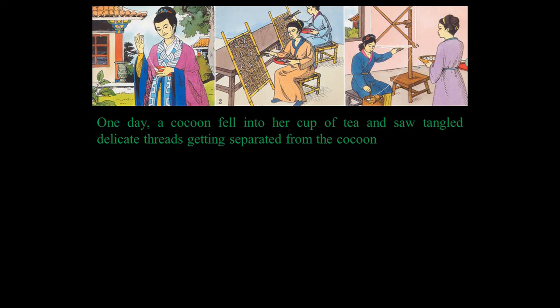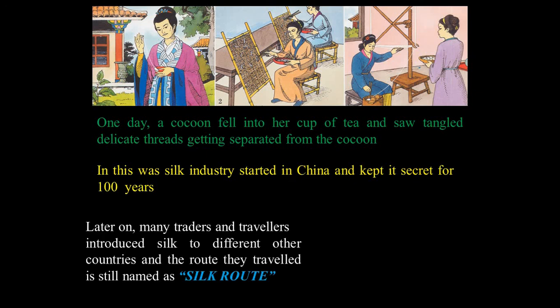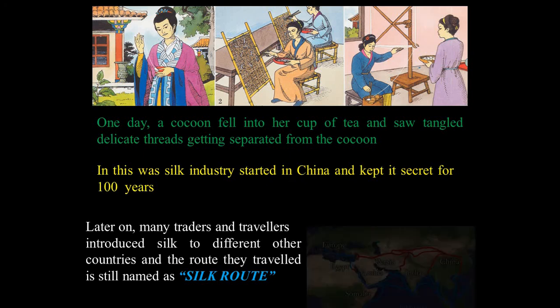One day, a cocoon fell accidentally into her cup of tea and she saw tangled delicate threads getting separated from the cocoon. In this way, the silk industry started in China and kept its secret for about 100 years. Later on, many traders and travelers introduced silk to other countries, and the route they traveled is still named as Silk Route.